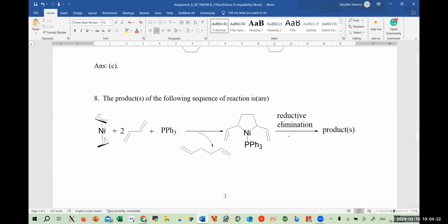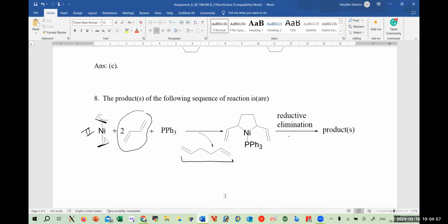Now we have the products of the following sequence of reactions. Here you can see the dimerization of 1,3-butadiene, which we have just read, and here is the nickel allyl catalyst in the presence of PPh3. This is your reductive elimination step, which goes from +2 to 0, and here it is binding with your 1,3-butadiene.